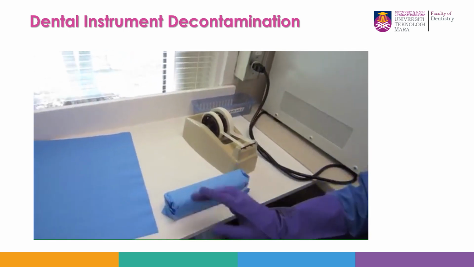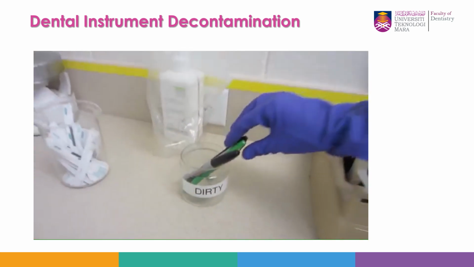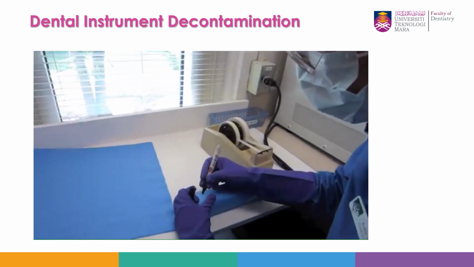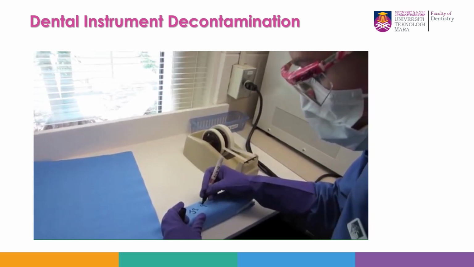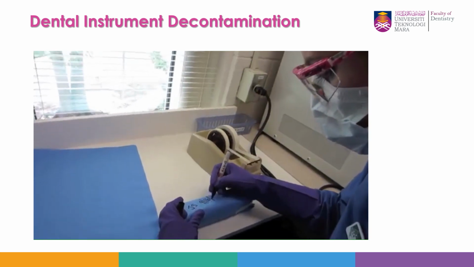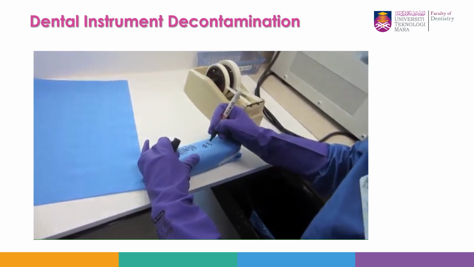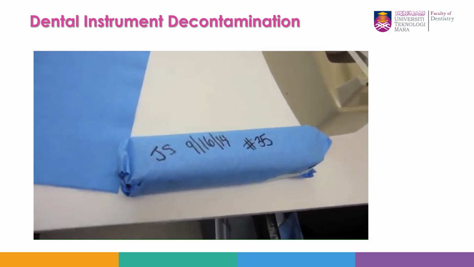Take a marker from the dirty container and put your initials, the date, and your locker number. Cassettes are now ready to go in the autoclave.